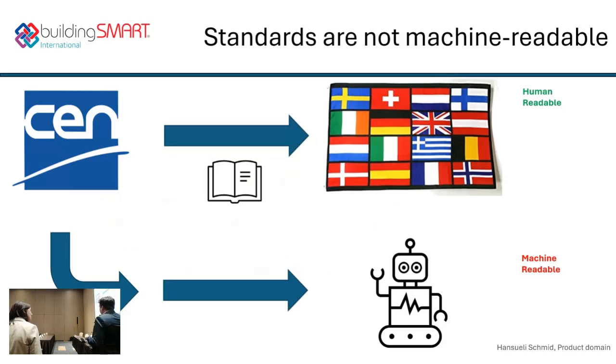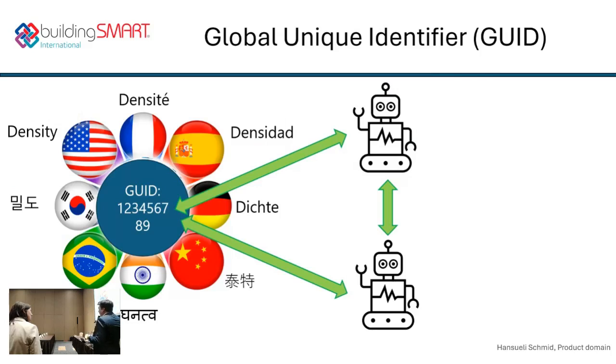The problem today is that the standards are in human readable language, and this is good. We translated it, but now we have a new participant: the algorithms, and they have another language. They are now so clever that they start to create their own identifiers.